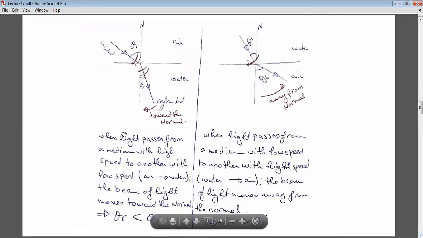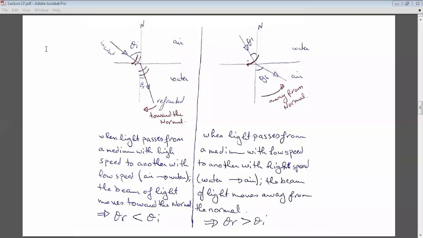Now, what are the rules? When the light passes from a medium with high speed to another medium with lower speed, for example from air to water, because the speed in air is higher than the speed in water, the beam of light moves toward the normal. So we will see that theta refracted is less than theta incident.